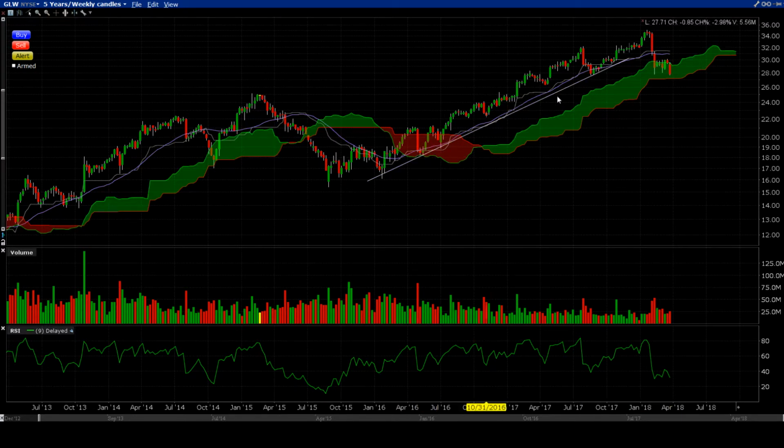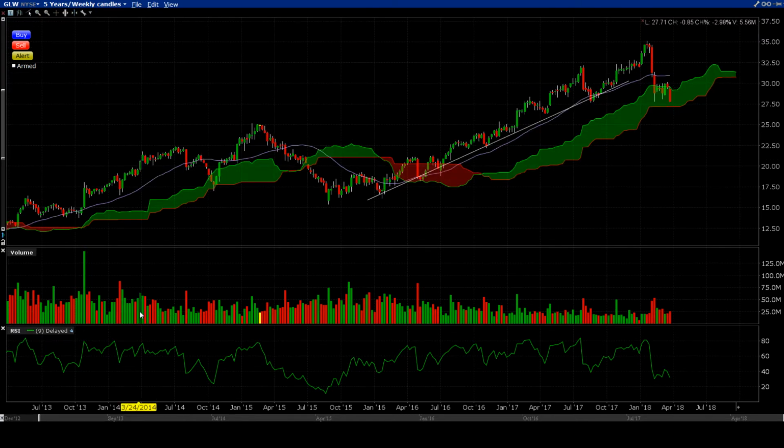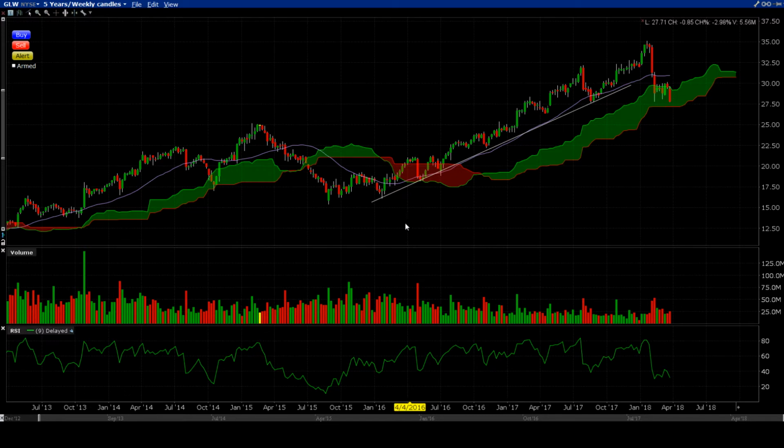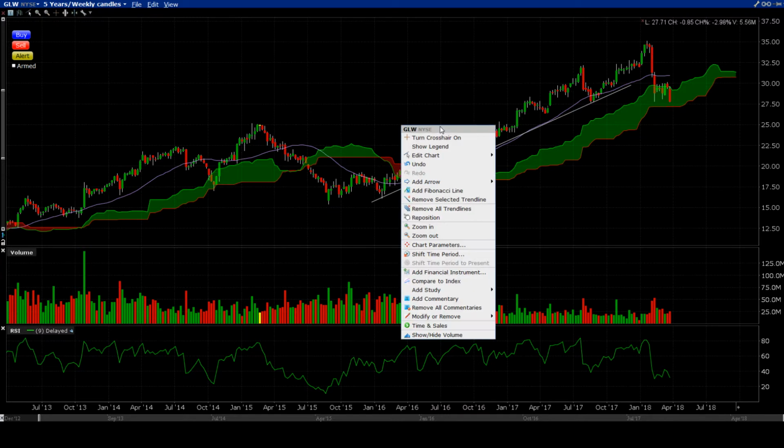So let's look at this line I did on the log scale. I'm just going to deactivate the log, and I'm going to do the inverse. It mostly depends on how exponential the growth of the stock is.